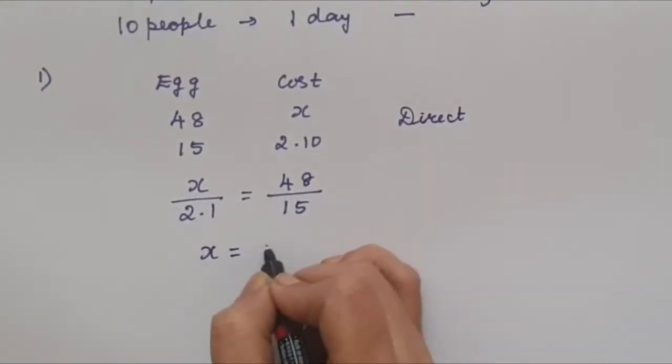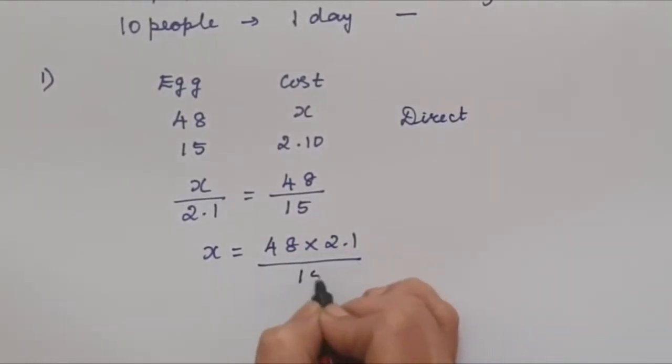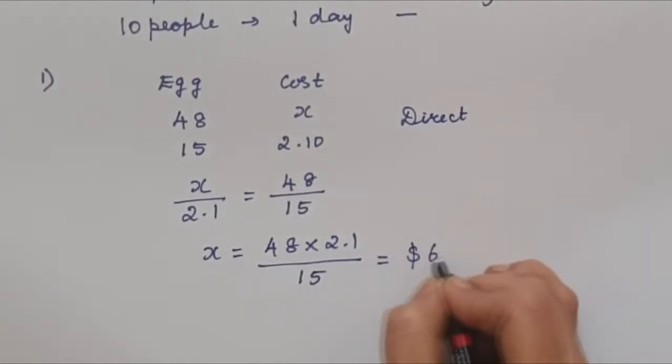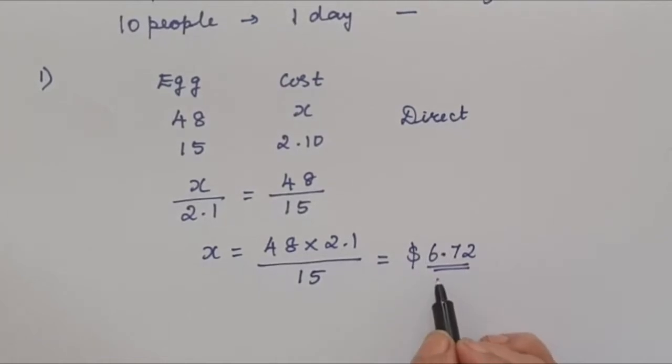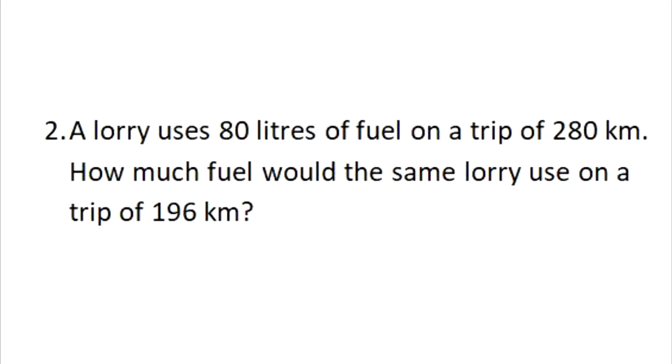Now our x will be equal to 48 multiplied by 2.1 divided by 15, which will give us an answer of $6.72. So the cost of 48 eggs is $6.72.